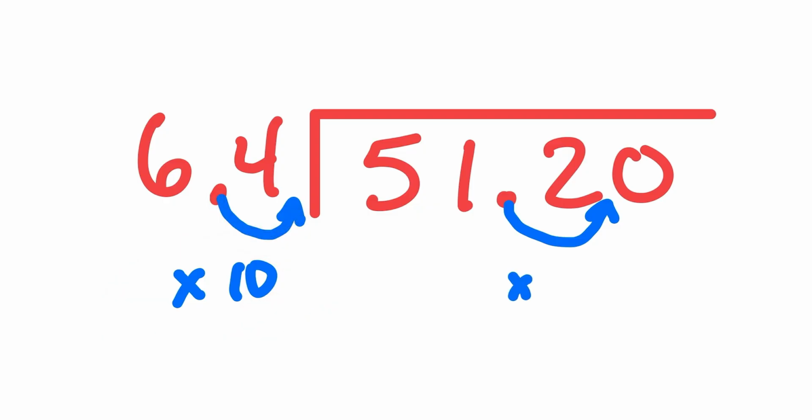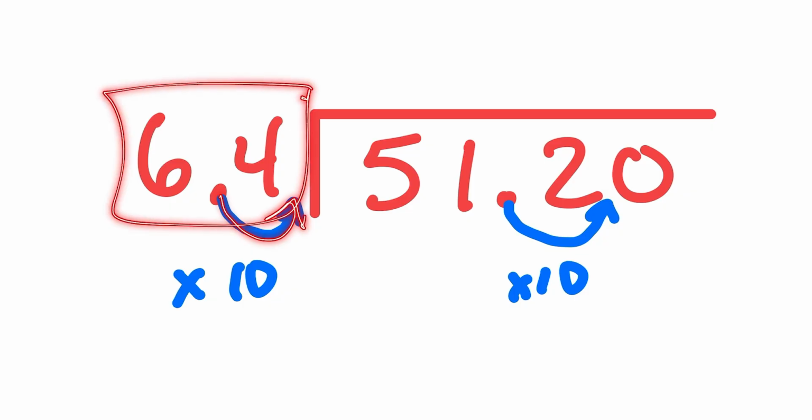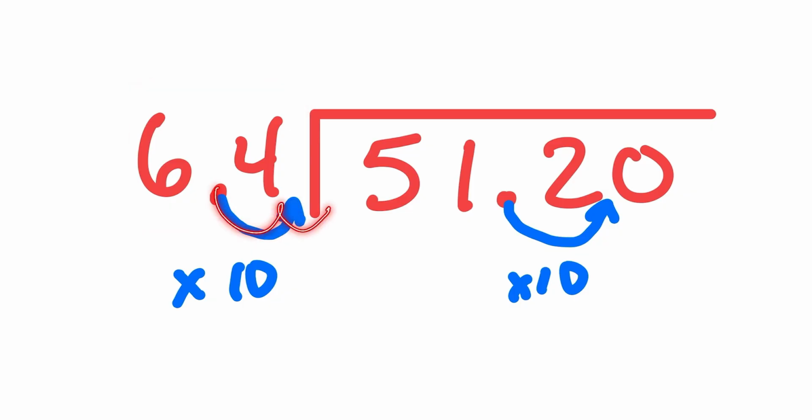We have to multiply it by 10 here. Now remember, the reason why we're multiplying it by 10 is to move the decimal point over 1 time, because that's what it takes to make this a whole number. If we had to move it over twice, then we would move this over twice. If we had to move this over 3 times, we would move this over 3 times. This only changes to match however this moves, okay?